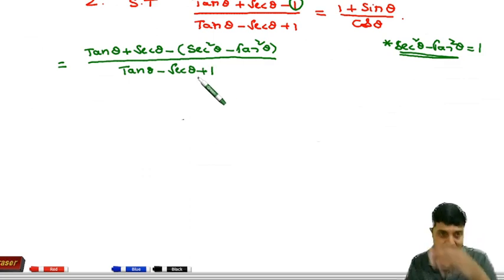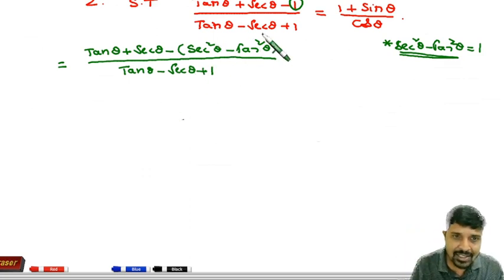that is tan theta minus sec theta plus 1. Here you can understand this is in the form of a square minus b square.